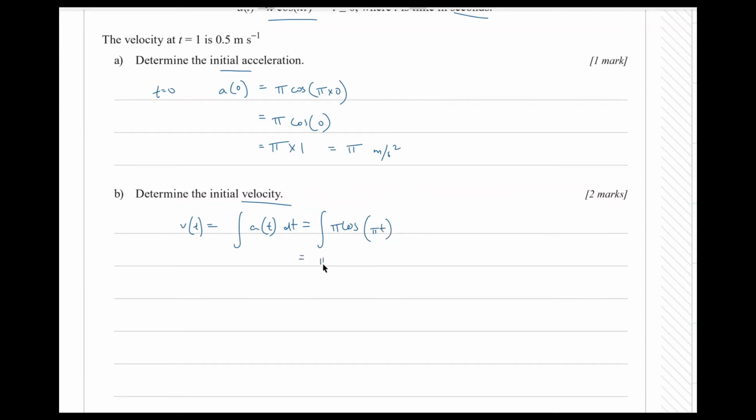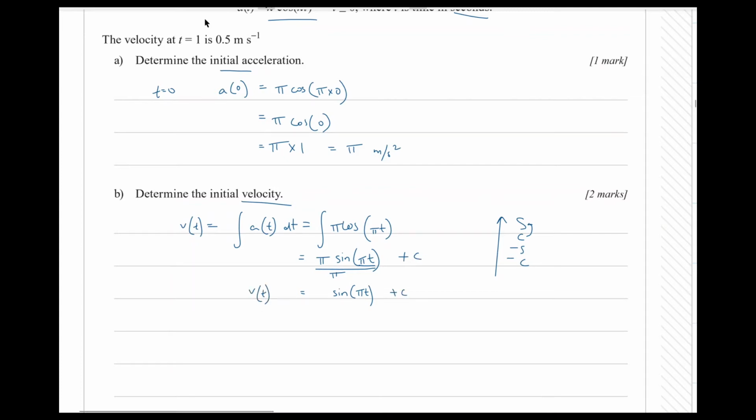We integrate going upwards, so cos integrates to sine. So this is going to be pi sine pi t, and then we have to divide it by the derivative of pi t, which is pi. That's just sine pi t. Oh, and we need a plus c.